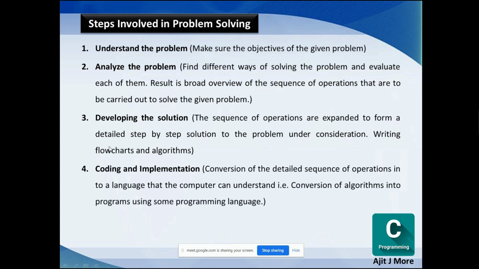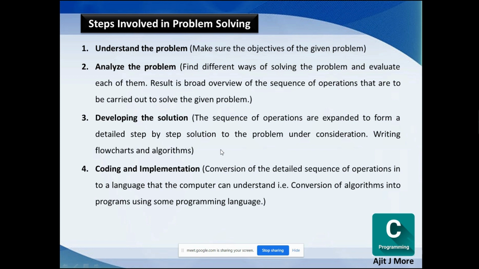And then the last step is actually writing the program, because only writing flowcharts and algorithms won't suffice. Your computer cannot understand that pictorial representation or that English sequence of steps. In English you have just written the sequence of steps: accept this, then compare this, if this then go there, or otherwise stop and print the result.